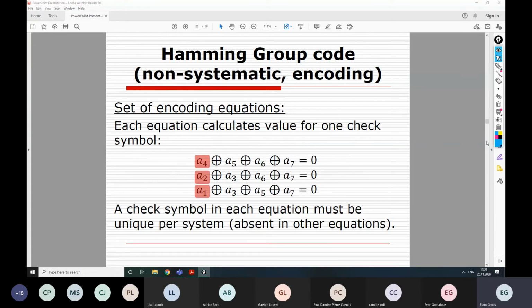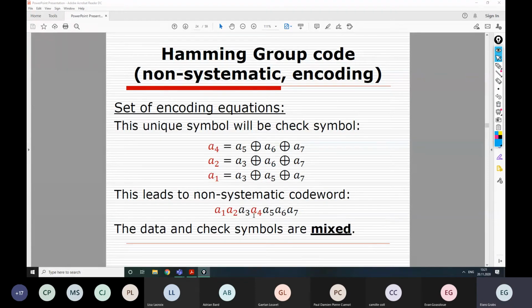Yes, we get these equations, we select these symbols to be control. The remaining is actually data. So these control symbols are in positions 1, 2, and 4, which is not in order, yes. You can see that, for example, we have control symbol, information symbol, control symbol. So the symbols are mixed together, yes.